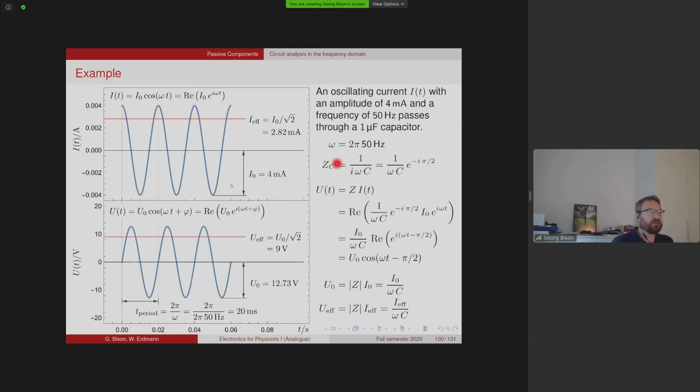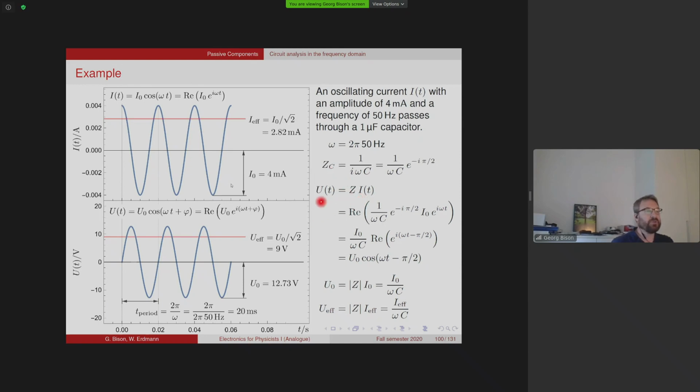We can simply define the impedance of the capacitor, 1 over i omega C. C is given, omega is given, so this we can calculate. And then we can simply write down the time dependence of the voltage: well, impedance times time dependence of the current.